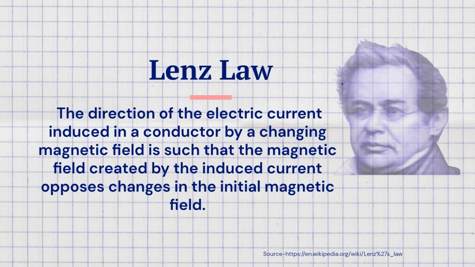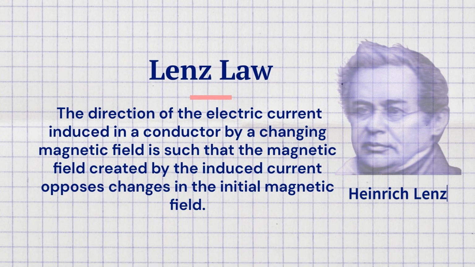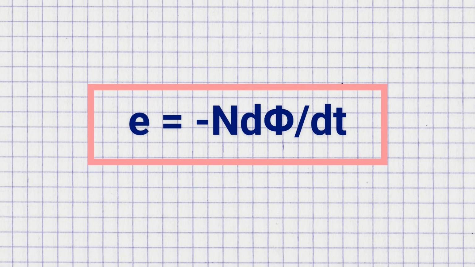It states that the direction of the electric current induced in a conductor by a changing magnetic field is such that the magnetic field created by the induced current opposes changes in the initial magnetic field. It is named after physicist Heinrich Lenz, who formulated it in 1834. So the final equation will be E = -n d phi/dt.